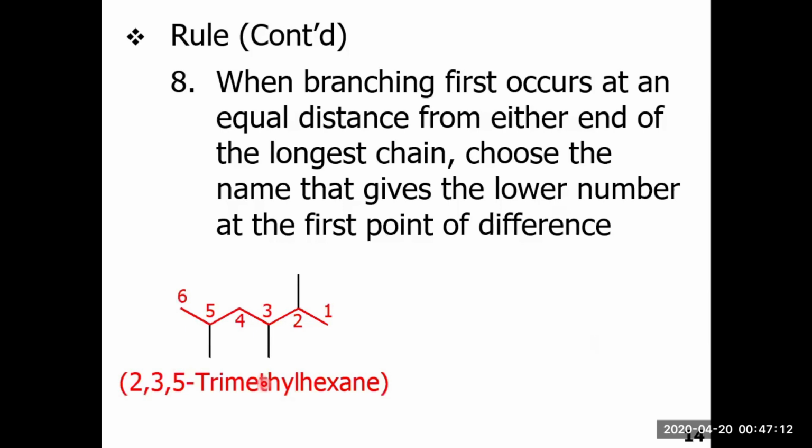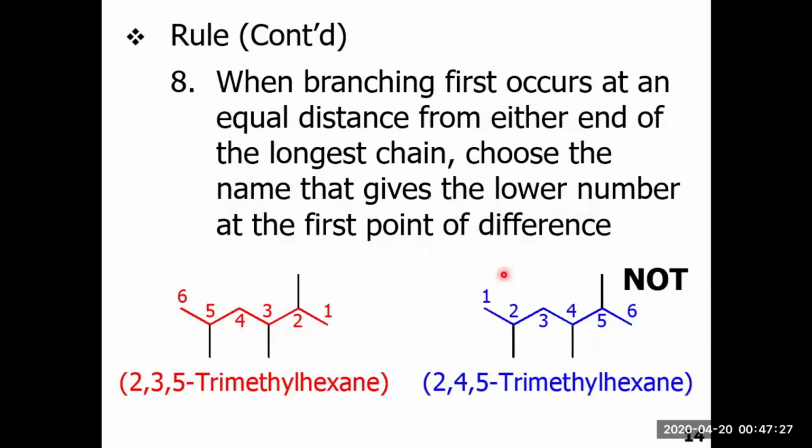Okay, now when branching first occurs at an equal distance from either end of the longest continuous carbon chain, then choose the name that gives the lowest number at the first point of difference. So example, if I have this, let's say 1, 2, 3, 4, 5, 6.